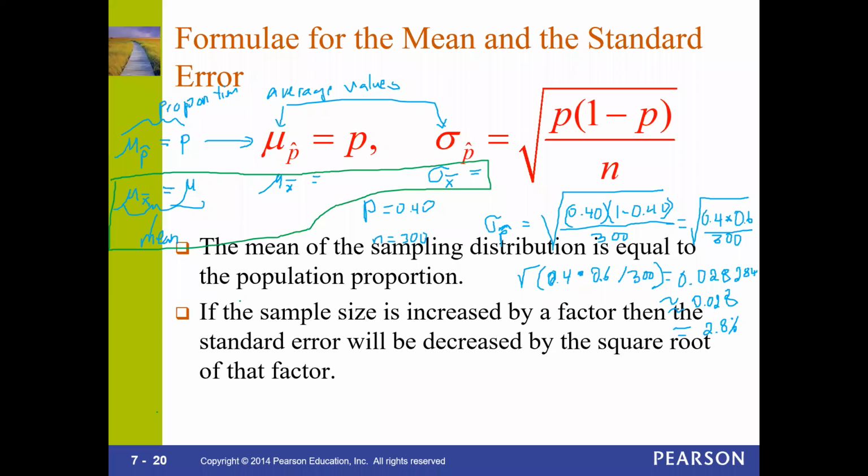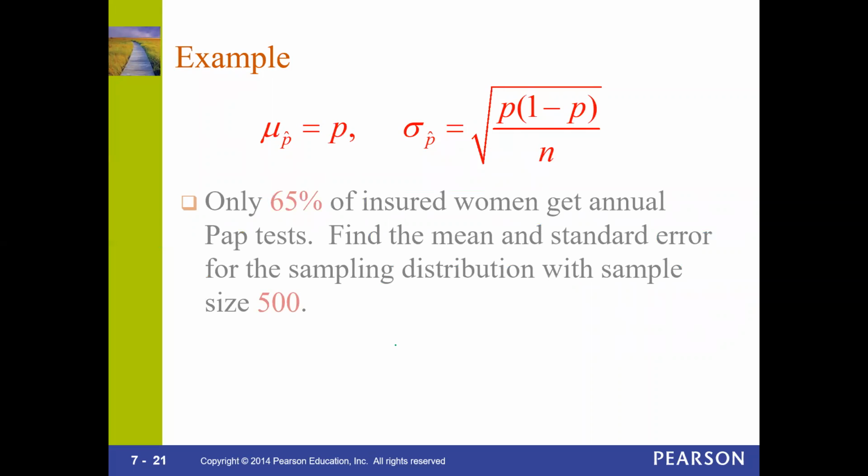Okay, I don't see anybody talking, so I'm going to do an example right now. For example, say 65% of insured women get annual pap tests. We are asked to find the mean and standard error for the sampling distribution with a sample size of 500.